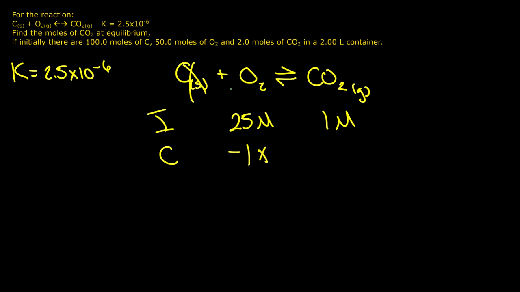Since there's no value here, it's considered to be 1. For CO2, it's a product, so it's always plus by the X amount. The balanced equation coefficient tells us how much, so it's just a 1 since there's no value. E is the equation at equilibrium. To get E, we put I and C together. So 25 minus 1x, and I got 1 plus 1x for CO2.